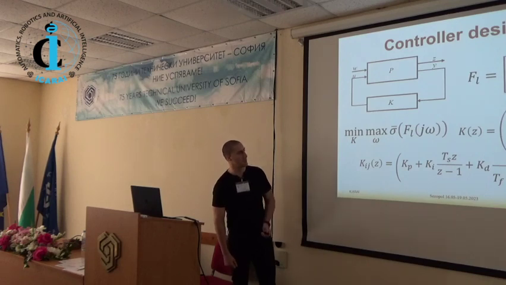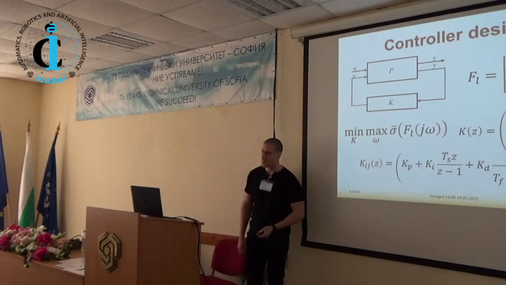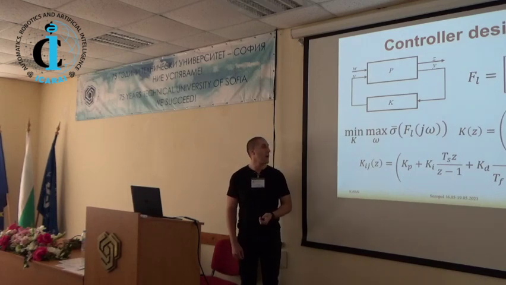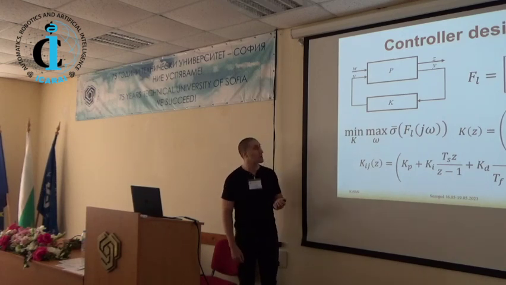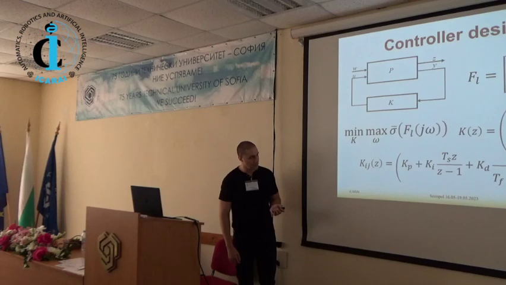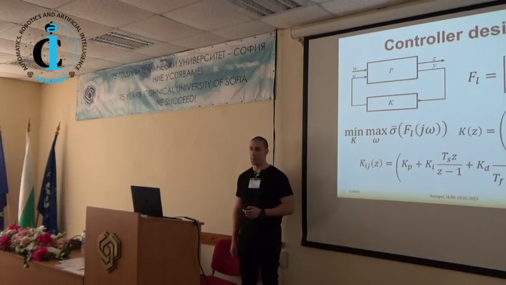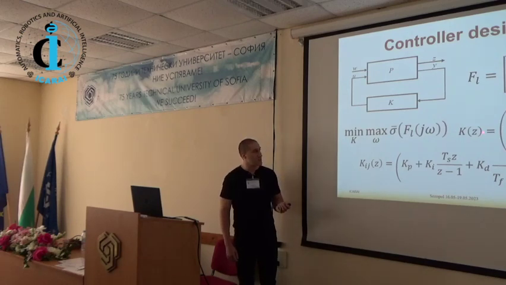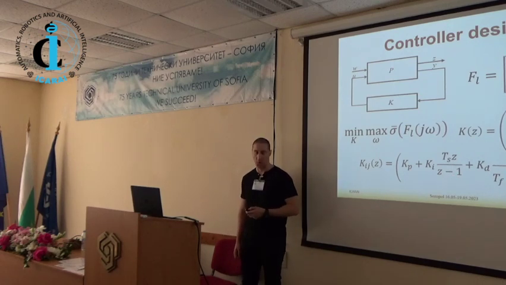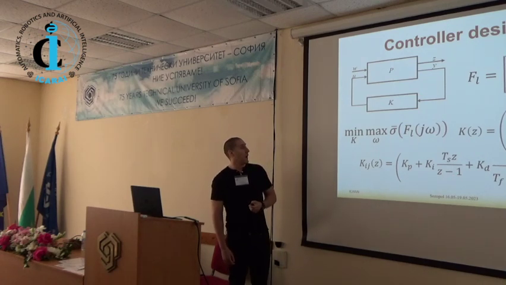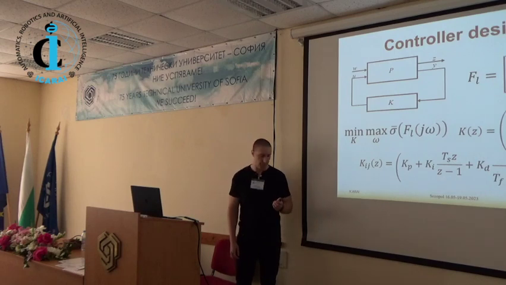Again, for the design of the controller, we use the same mixed sensitivity S over KS, with the difference that our controller this time has a fixed structure and a fixed order. It is a transfer matrix with elements which are transfer functions that have the equation shown here, which is a discrete parallel form. About the shaping filters, they are absolutely the same as in the previous presentation.